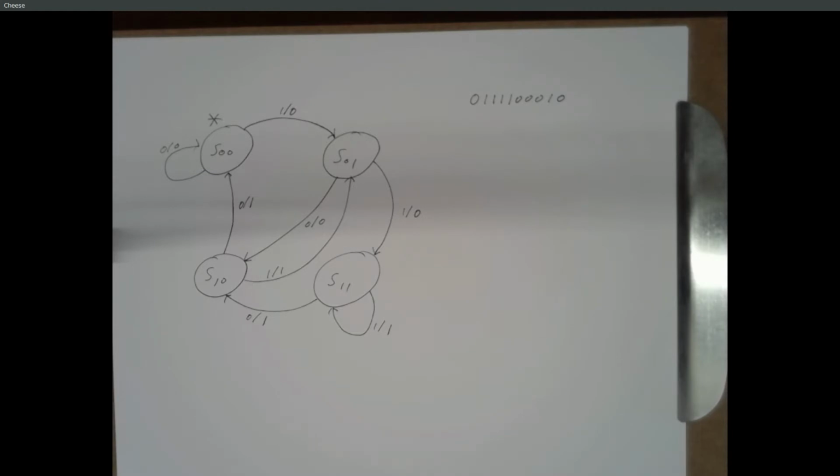I'm going to put binary numbers, and we input this first state, and this is the input. That's what we did.